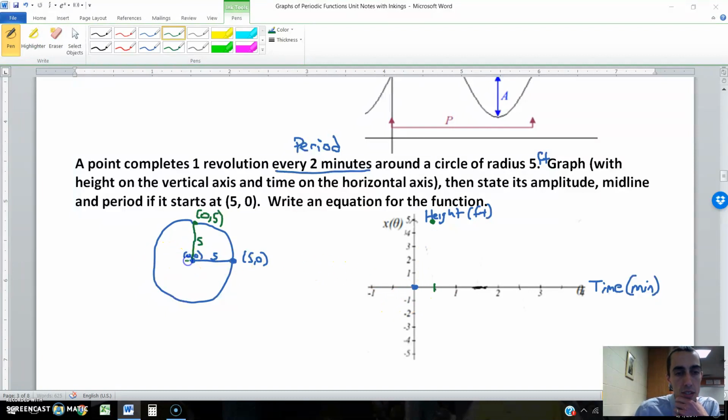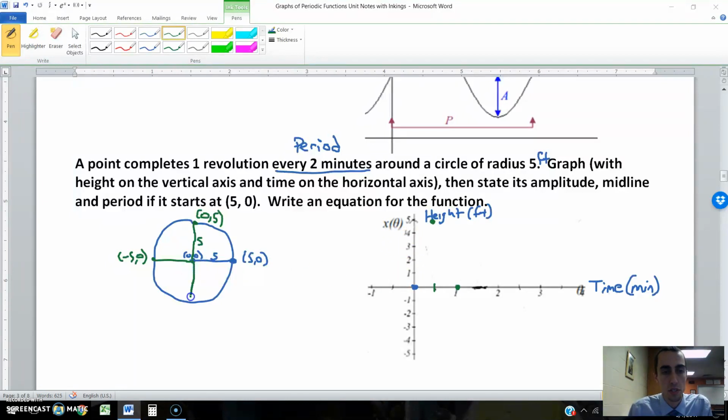Next, at a half of a turn, we'd be at the point -5, 0. So after a half of a turn, we're at a height of 0. Half of a turn would be half of 2 minutes, and so we'll be at 0 right there.